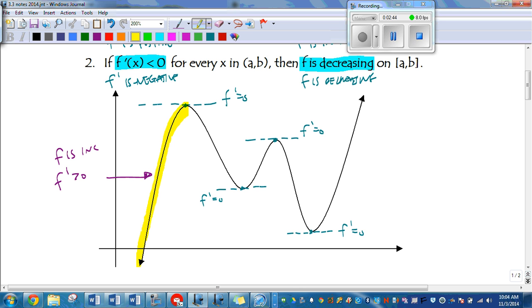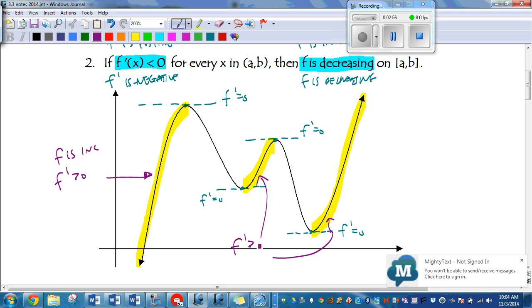That also occurs between these two critical values and to the right of this critical value. So in each one of those spots, the derivative is greater than 0 and f is increasing. Right, so those go hand in hand.